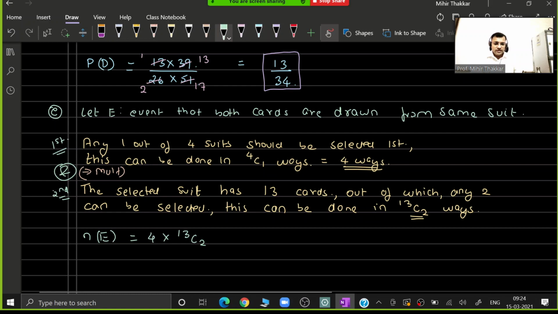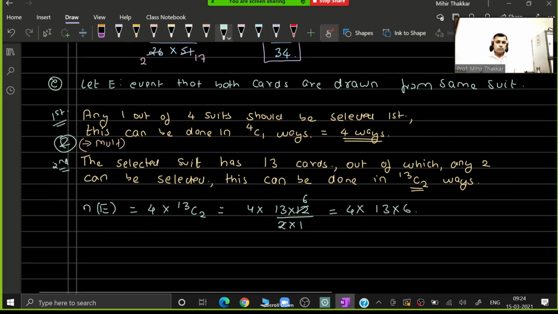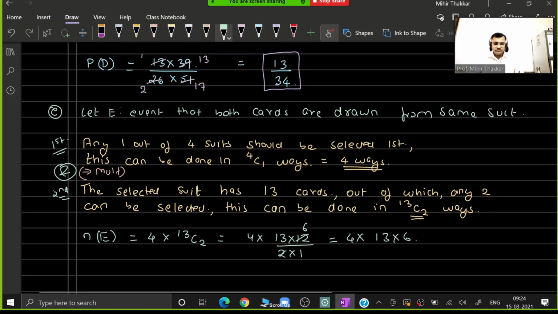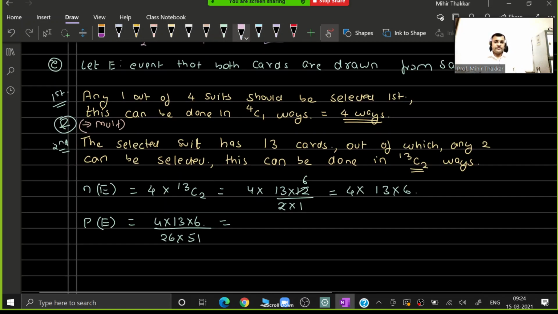So when I solve this 13C2, I will get over here 13 into 12 upon 2 into 1. This will get cancelled off. I will get over here 4 into 13 into 6. As I told you, do not cancel off; we will try to reduce it with n of S. So P of E over here comes out to be equal to 26 multiplied by 51.